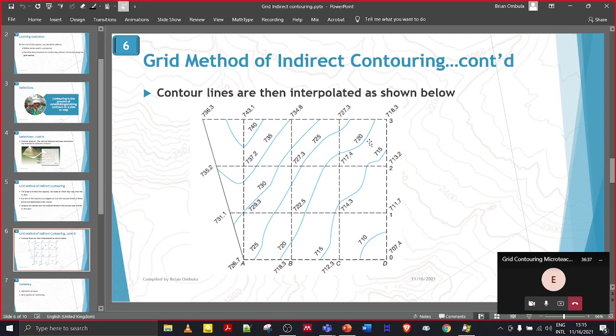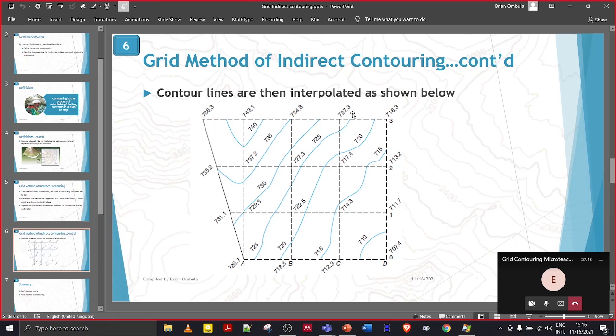After you've plotted your squares on a piece of graph paper and you've marked the elevations of the corner points for each of the squares, you can see 718.3 and there is also 727.3. To interpolate, you can use trial and error if the contour you desire falls exactly between the two corner levels.